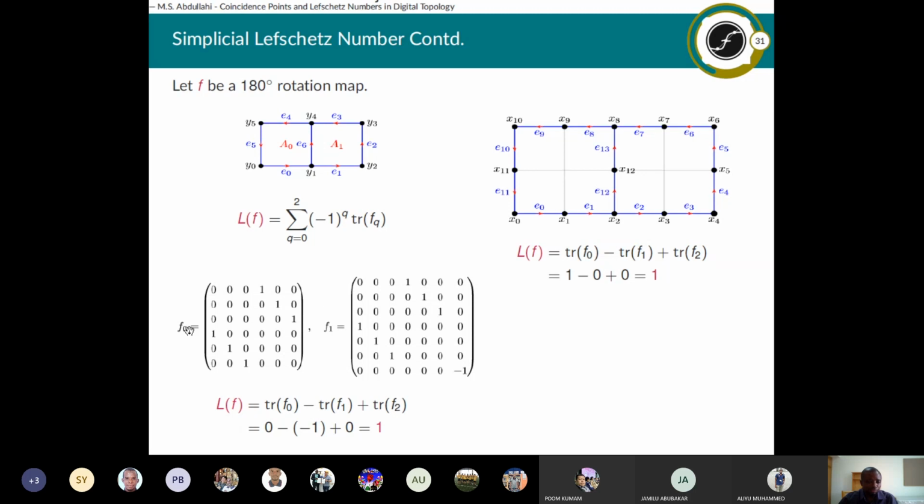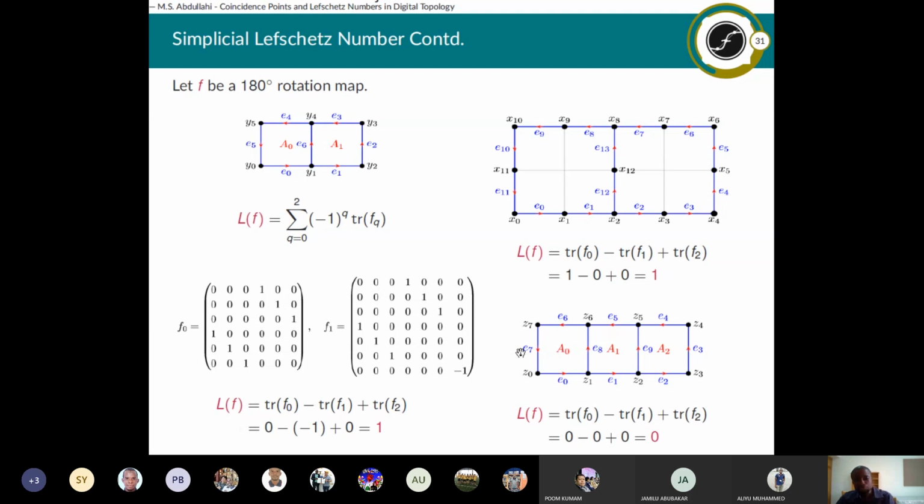So when we get the traces of this mapping, and before that, for the two-dimensional ones, we have 0 two-dimensional simplices, so therefore the matrix is a 0 matrix, and if we take the trace it will be 0. The trace of this mapping is going to be 0, and the trace of this is going to be -1, and if we multiply, we end up having the Lefschetz number equal to 1.